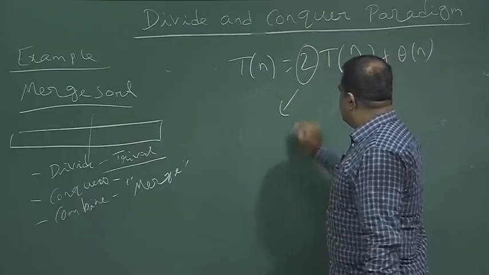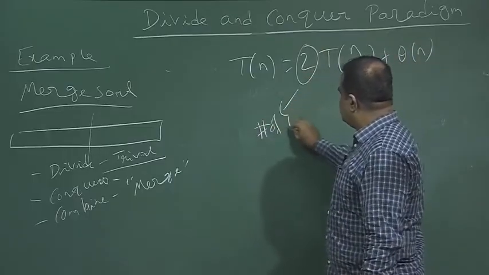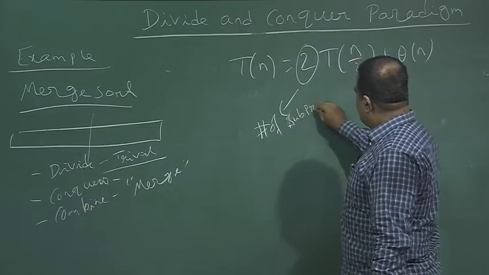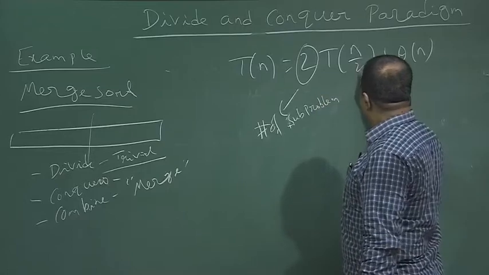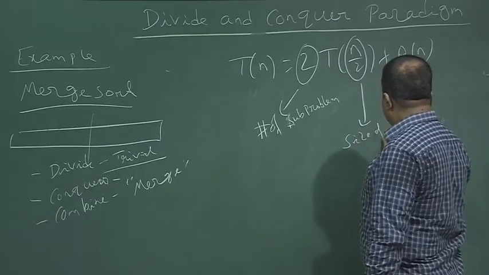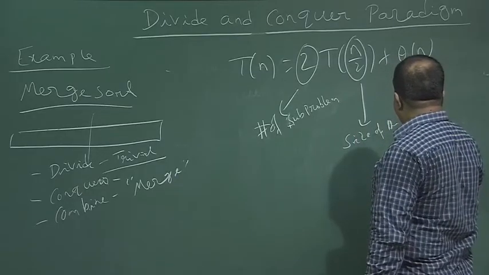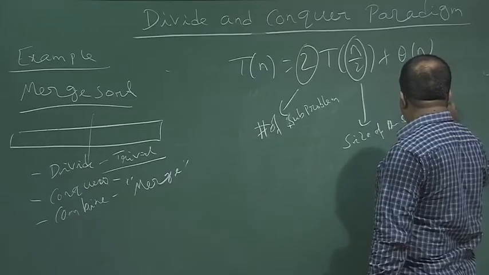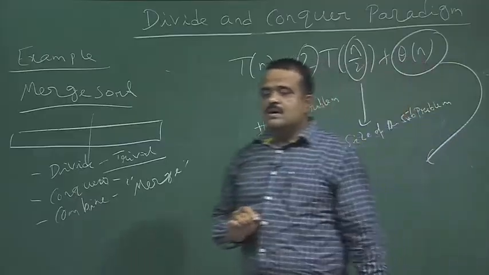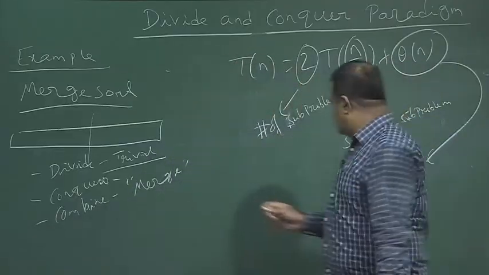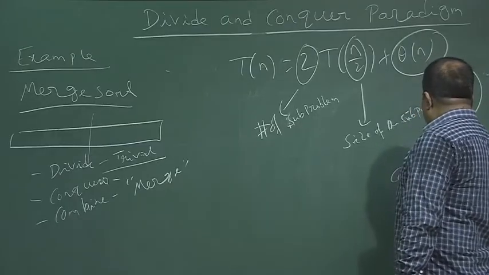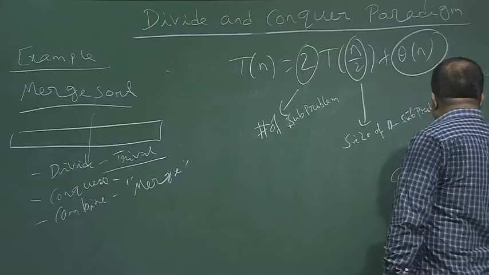This 2 denotes the number of sub problems, this n/2 denotes the size of the sub problems, and this is the cost for both the divide and combine steps.